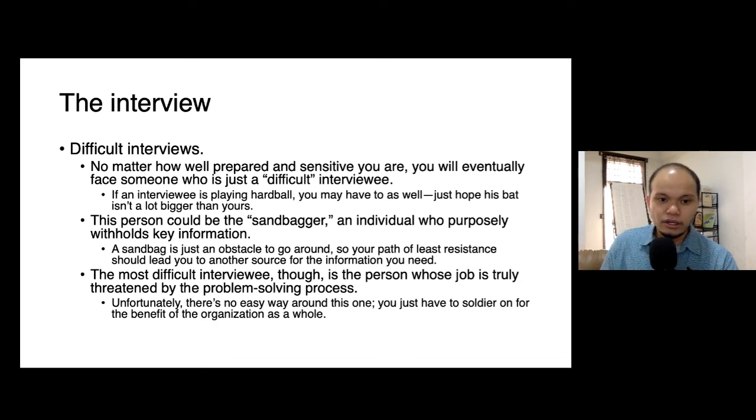And the most difficult interviewee is the person whose job is truly threatened by the problem-solving process, by your consulting work. For example, if the client asks you to study the possibility of automation, that would mean that certain roles would have to be removed.